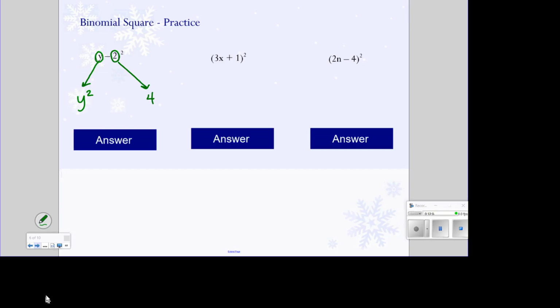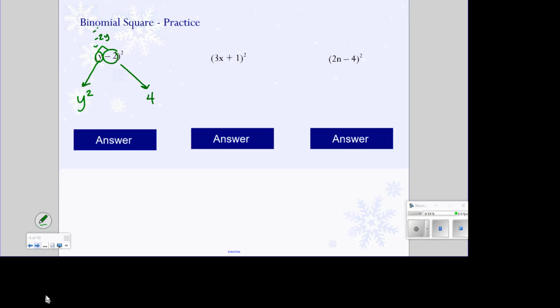Lastly, to get this middle part, I want you to notice that this is a negative 2. When we square it, it doesn't matter because it will always end up as positive. But our parts are a y and a negative 2. So for the middle term, we will take them and multiply them together, giving us a negative 2y, and then you double that.